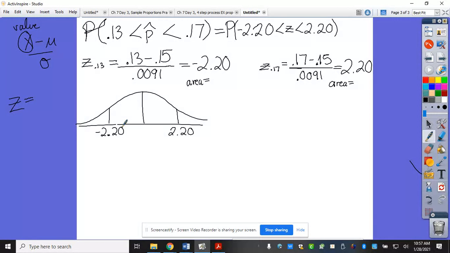What is my, other than to look it up, what is my area for negative 2.20? What is, no, never mind. What is the other one?